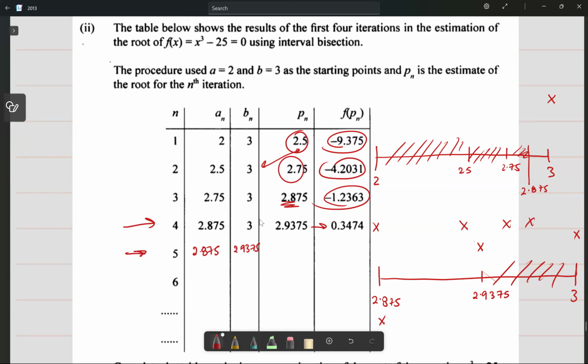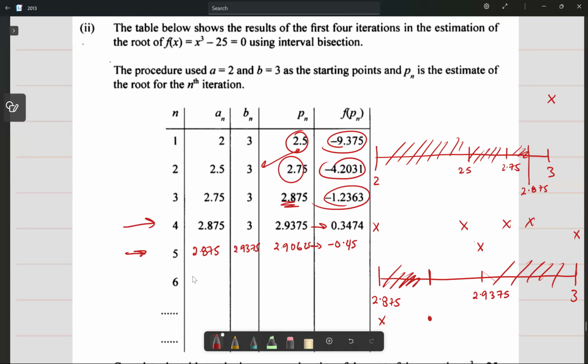The number between those two is 2.90625. When you plug it in a calculator, you get a negative number, negative 0.45. So that means the number in between gave us a negative number, which means it's not on this side. It's between these two numbers.